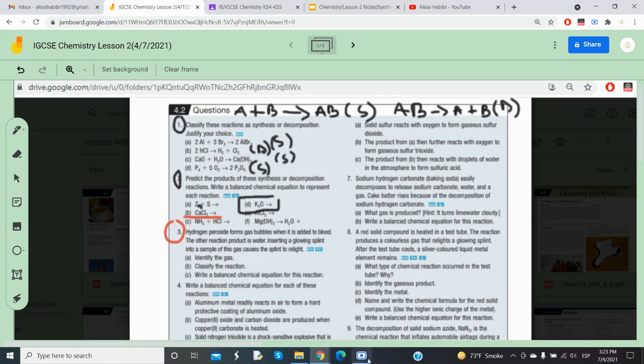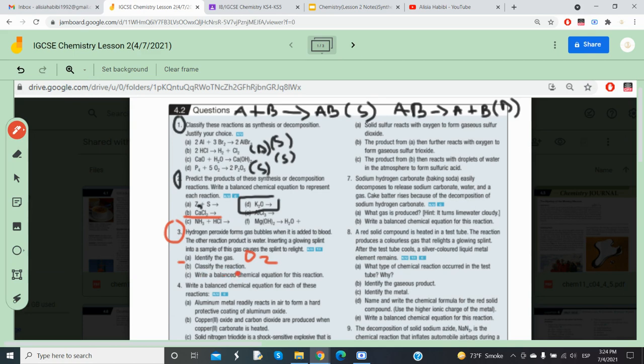So the gas that would cause the splint to relight would be oxygen, and that is the answer for question A. Question A is oxygen gas, because that's what would cause the splint to relight, since hydrogen peroxide is added to blood, and blood does contain oxygen.